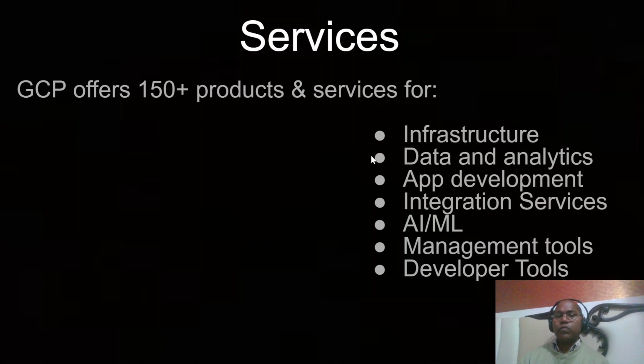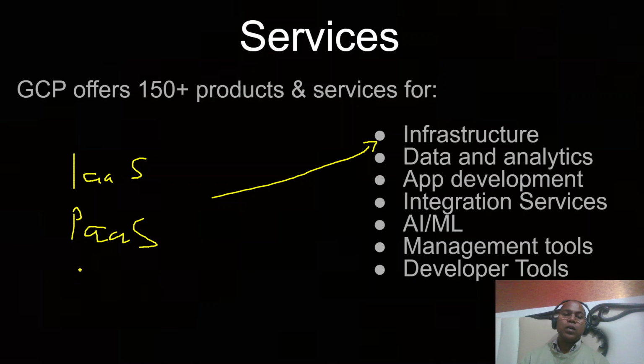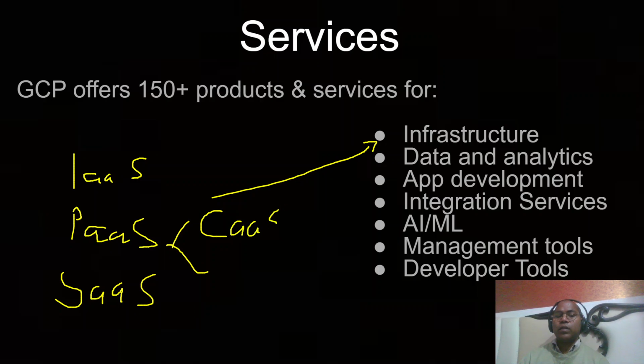Broadly, this is a very huge list, but if we categorize, last class we discussed that generally all public cloud computing service providers offer infrastructure as a service, IaaS, platform as a service, PaaS, or software as a service, SaaS. We also discussed container as a service, or function as a service, which is also known as serverless.